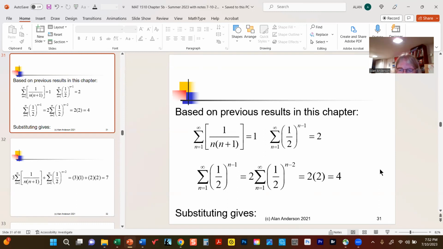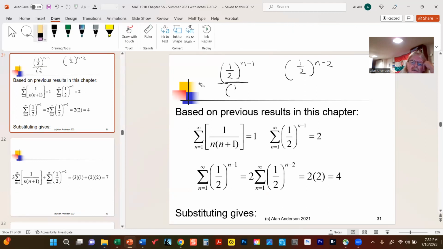So if we, let's see, algebraically, if I take this and divide by 1/2 to the first power, or just 1/2, that means that I actually have 1/2 to the n minus 1 minus 1, which is 1/2 to the n minus 2.